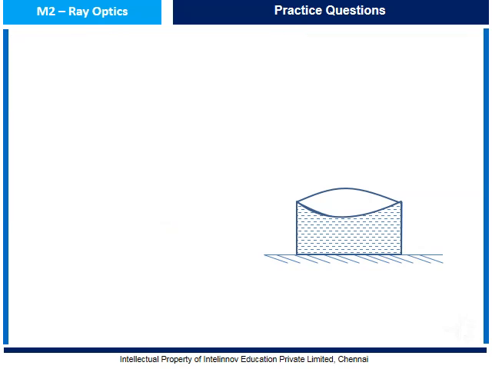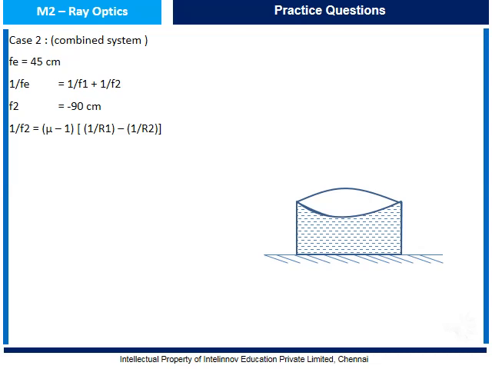Case 2, it is a combined system. Here, the focal length of the effective combination is 45 centimeter and 1 by Fe is given by 1 by F1 plus 1 by F2. Thus, F2 equal to minus 90 centimeter. Also, 1 by F2 can be given by mu minus 1 into 1 by R1 minus 1 by R2.